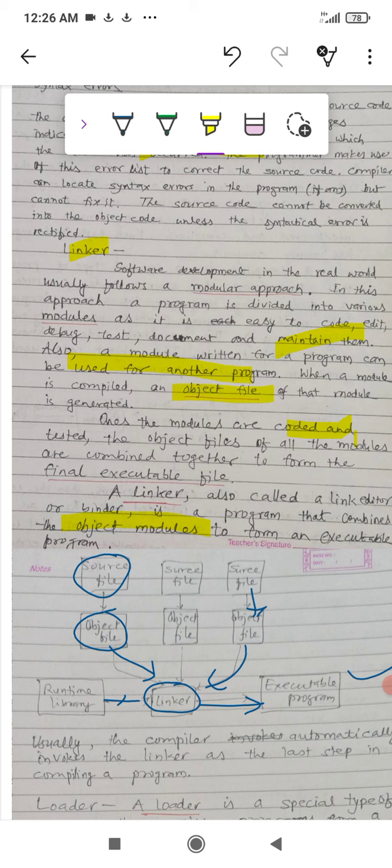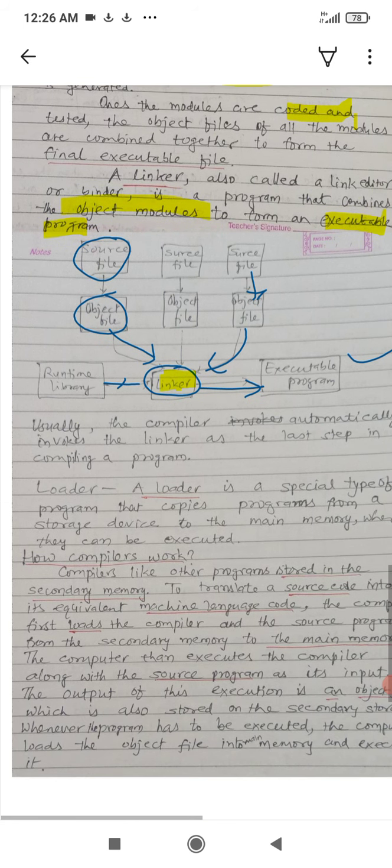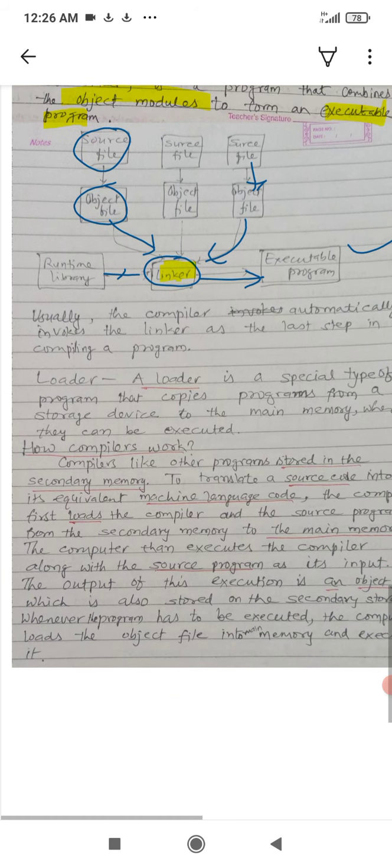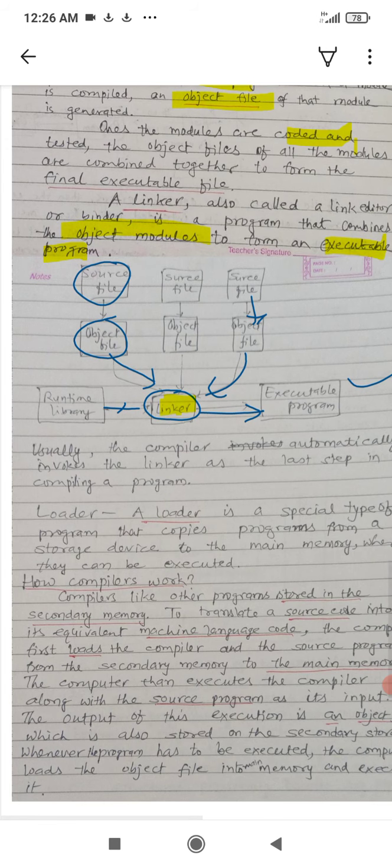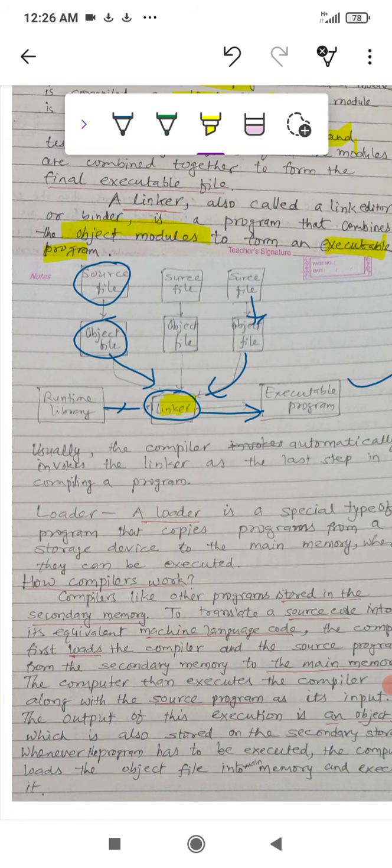This is the functioning of linker. Usually the compiler automatically invokes the linker as the last step in compiling a program.